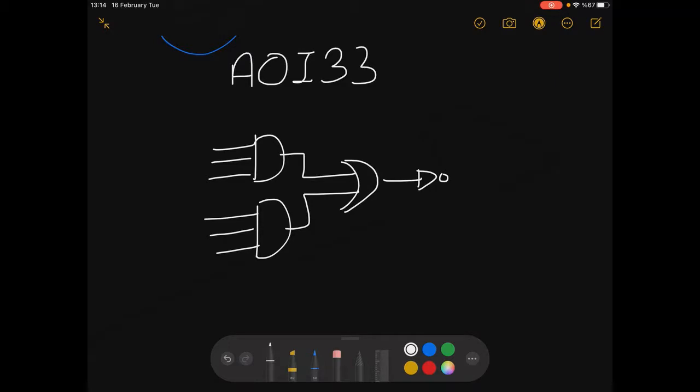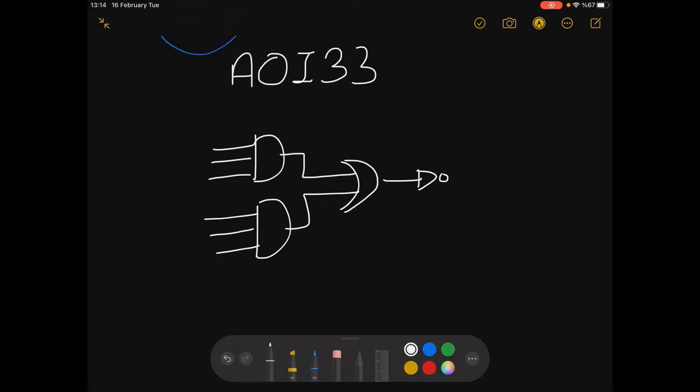Okay, the idea is if you want to implement this with the primitive gates, I checked this somewhere, it's in my notes, but I forgot where I took it, most probably from Wikipedia or something like this.